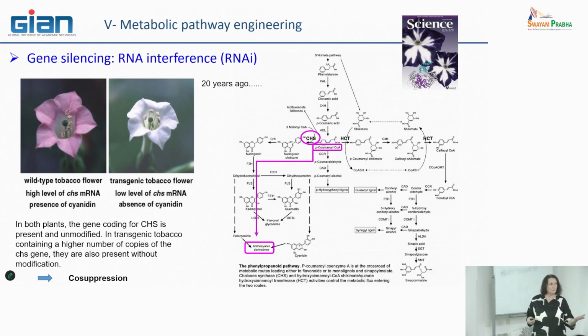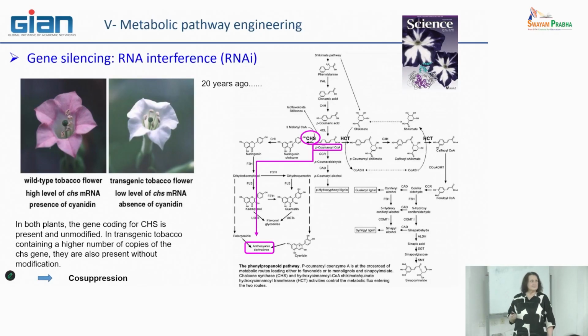So the idea was how to engineer this plant to increase the amount of this enzyme, chalcone synthase, in order to orient the flux to this particular part of the complex branch.